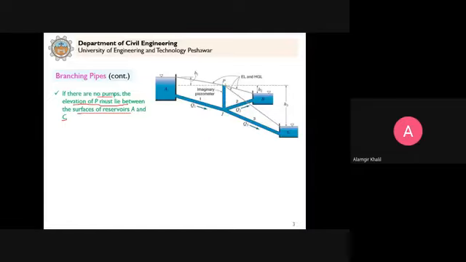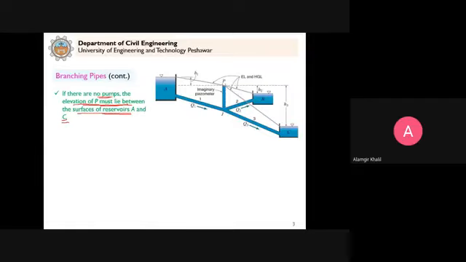But we are assuming in all these cases that there are no pumps connected. So then the elevation of P must be between the surface reservoirs A and C. It means that P will always be between the reservoir surfaces.